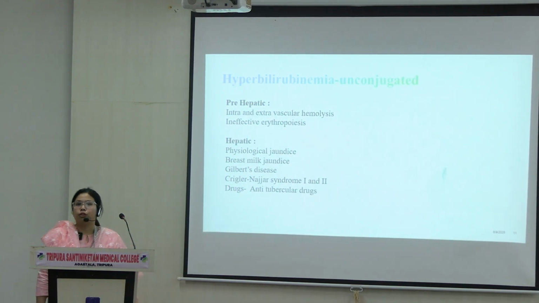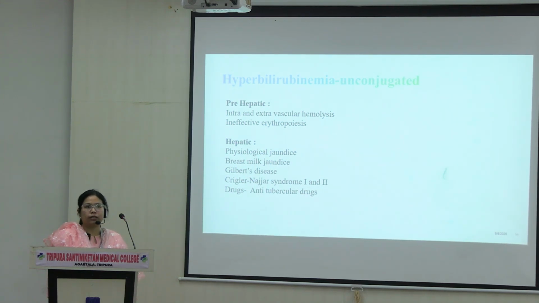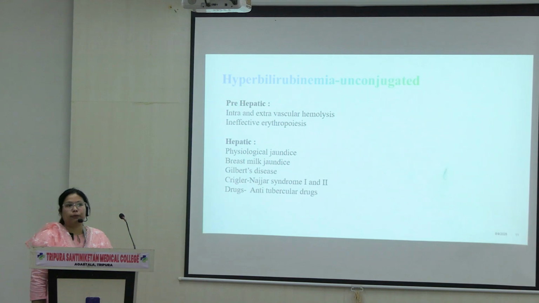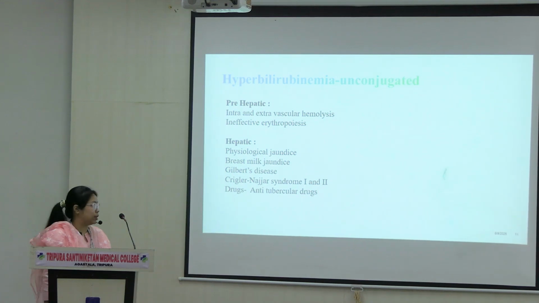Physiological jaundice, breast milk jaundice, all of these are physiological things that go away on their own. So physiological jaundice is seen in babies after 24 hours of birth. Pathological jaundice happens before that. As soon as they are born, you would see there is yellowish discoloration throughout the body.